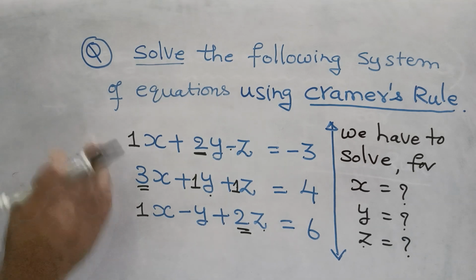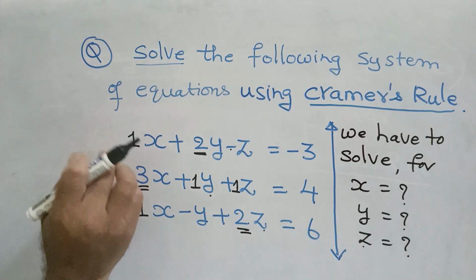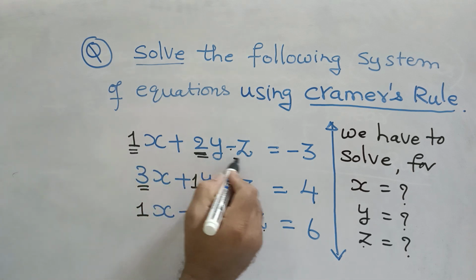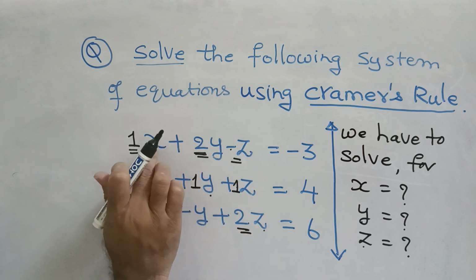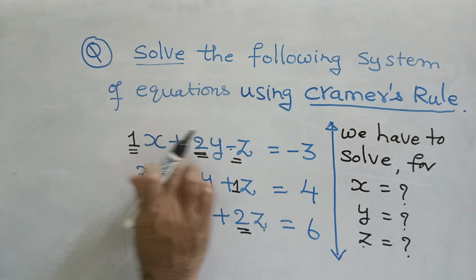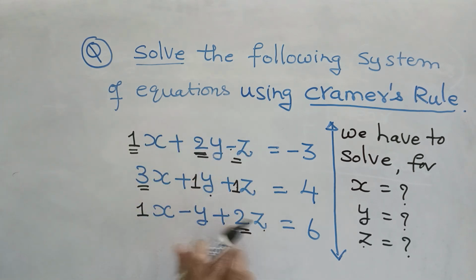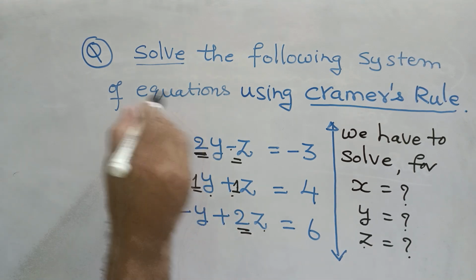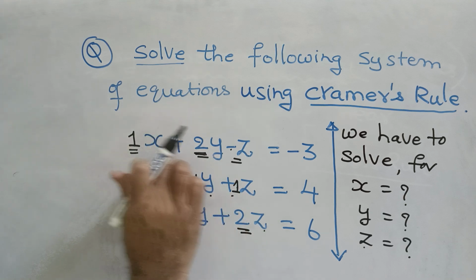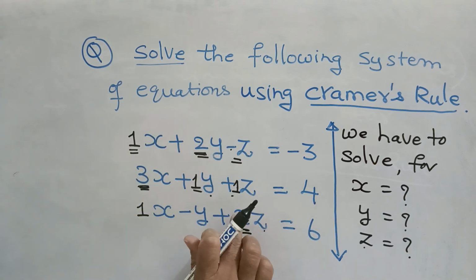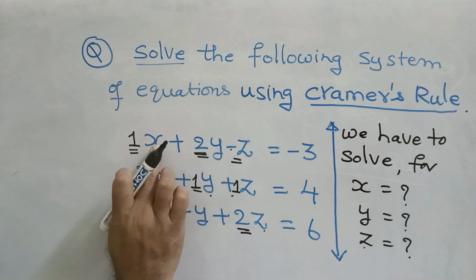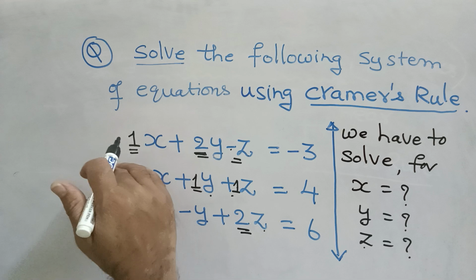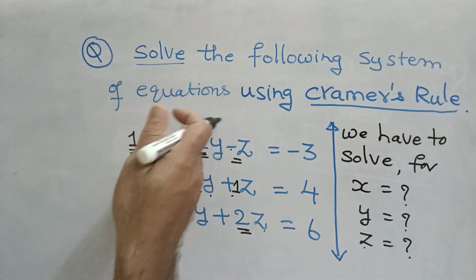Therefore, in the solution part, by considering the coefficients of the x value, y value, z value in all these three equations, we have to write them in the form of a matrix, because there are three equations and three variables. Therefore, we will get 3 rows as well as 3 columns.